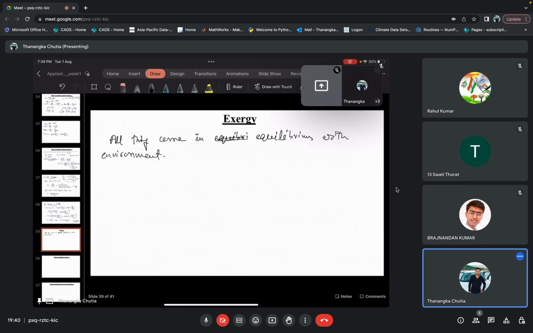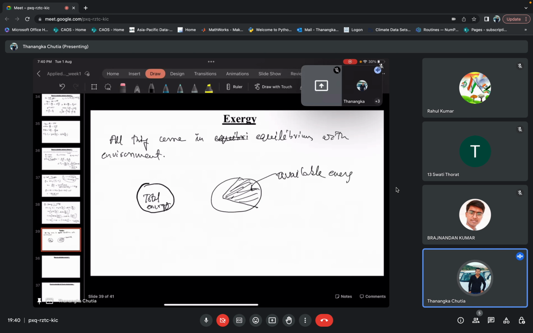Suppose this is a system, and some total energy is present in this part of the system, but this total energy could not be converted to another form of energy because the environment will play a role. Let's suppose out of this only this much amount of energy we can convert to useful energy.